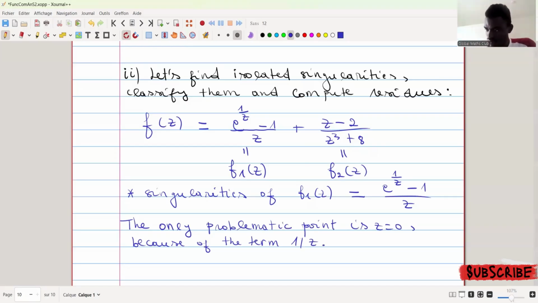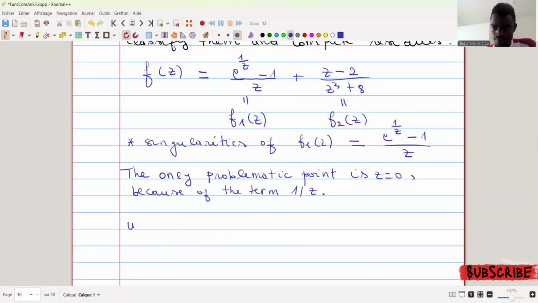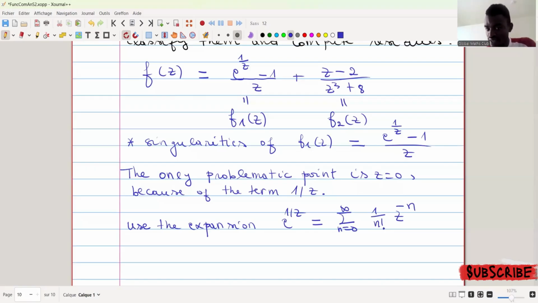So use the expansion of this. It is well known: the Taylor expansion of the exponential function.